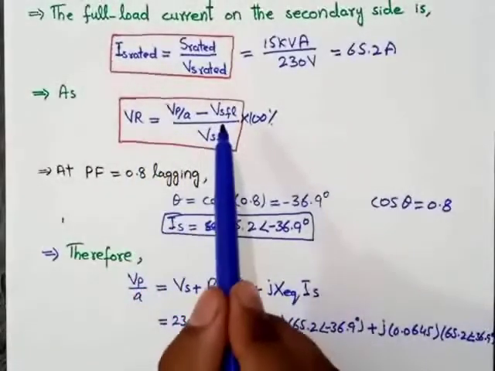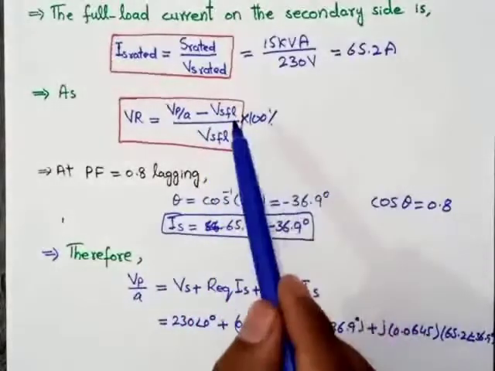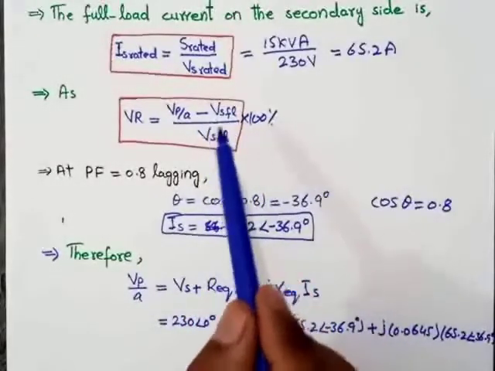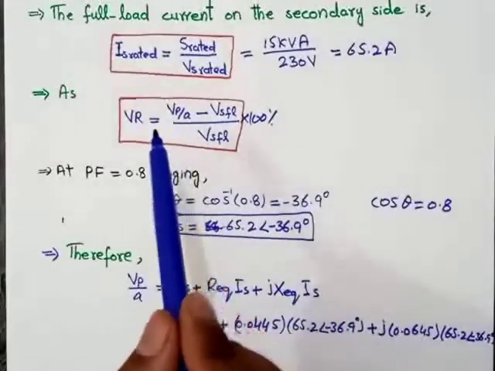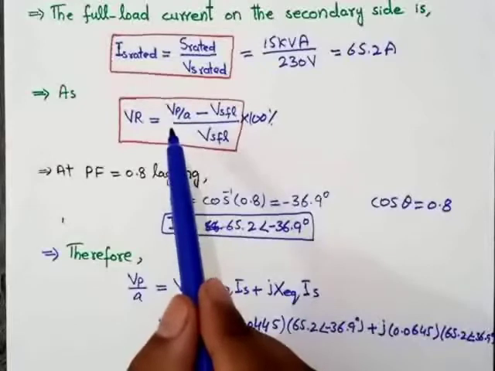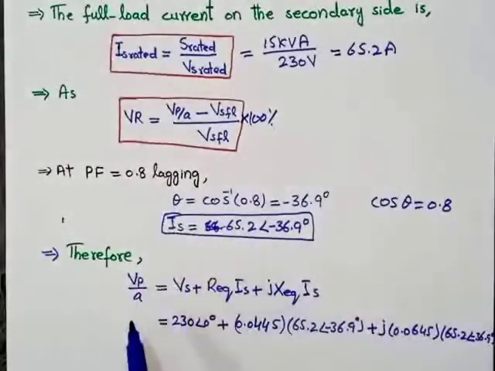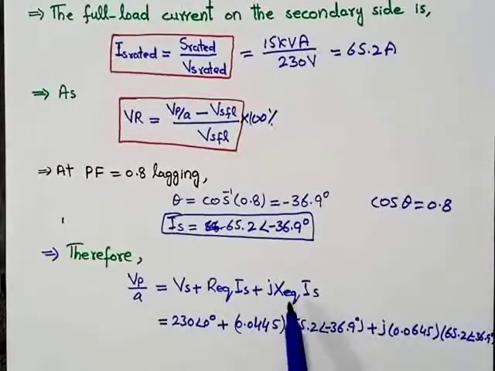The full load secondary voltage is basically given here, 230 volt. So first of all we will calculate the no load secondary voltage, that is Vp over A. As we know, Vp over A is equal to Vs plus R equivalent into Is plus jX equivalent into Is. Putting the value of Vs, R equivalent, Is, X equivalent in this equation, and j means 90 degree, we will put j is equal to 1 angle of 90 degree.